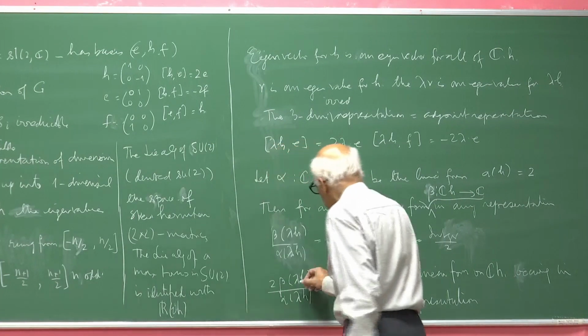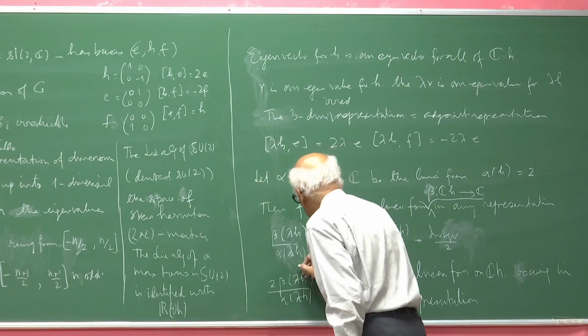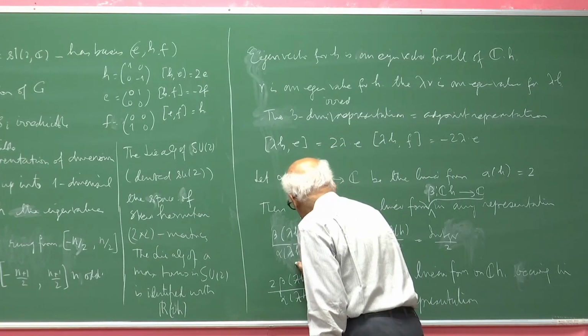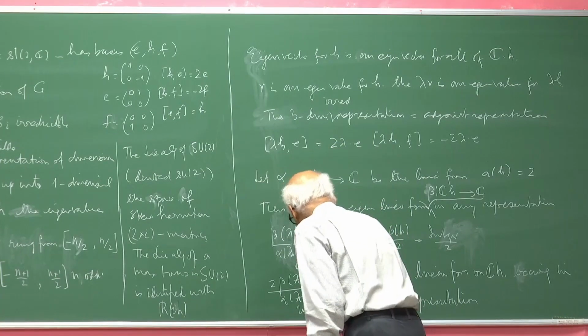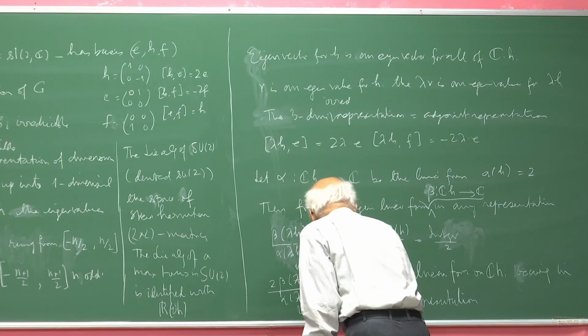I will write here, instead of lambda H, I can put any non-zero element of CH. So let me write lambda of U by alpha of U for any U in CH.